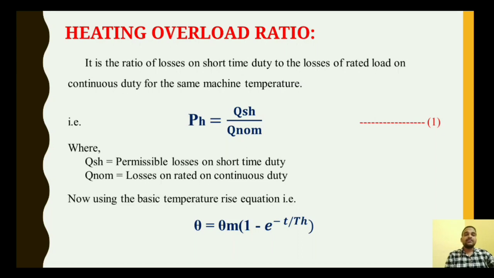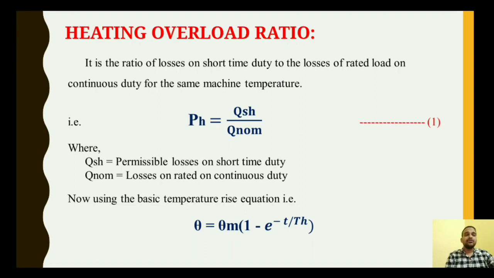So here the definition states that heating overload ratio is the ratio of losses on short time duty. The loss of the machine is represented by the capital Q. So the short time duty loss can be represented by QSH, where SH stands for short time.